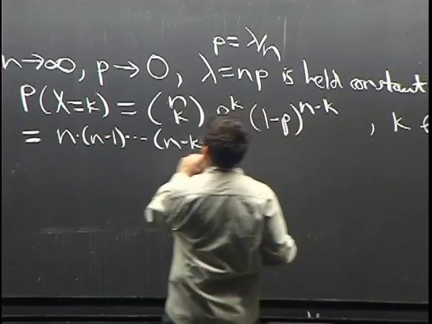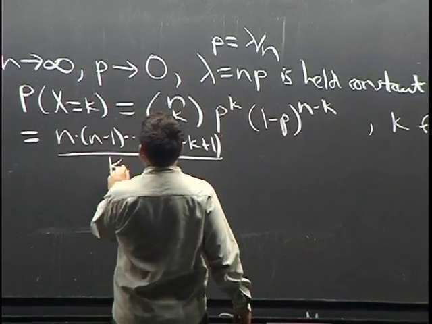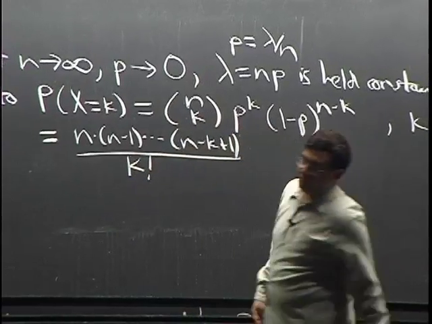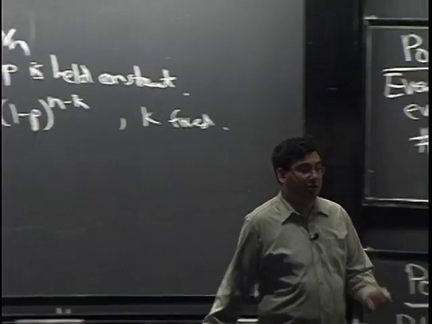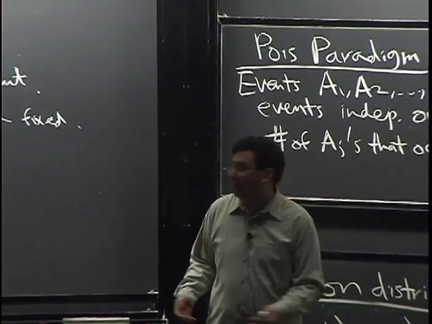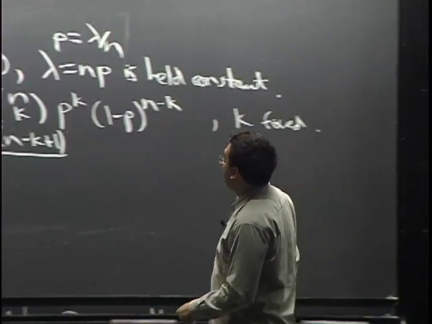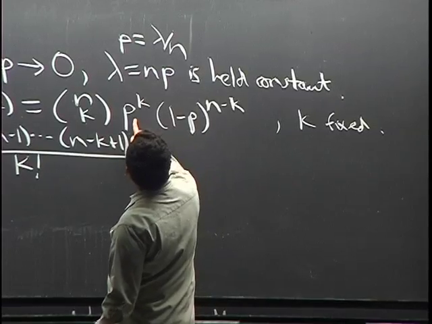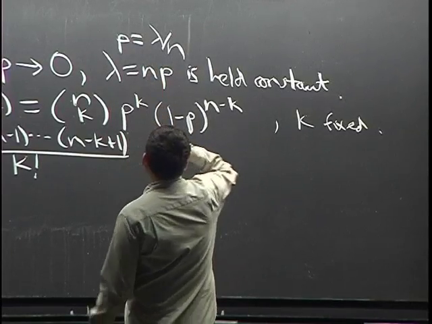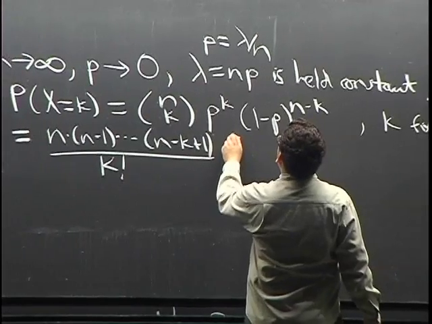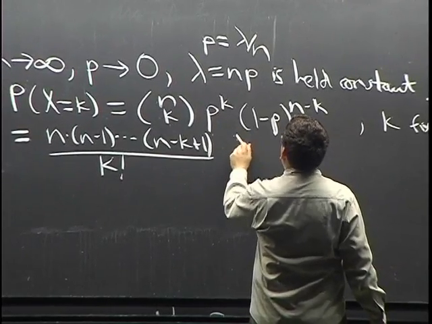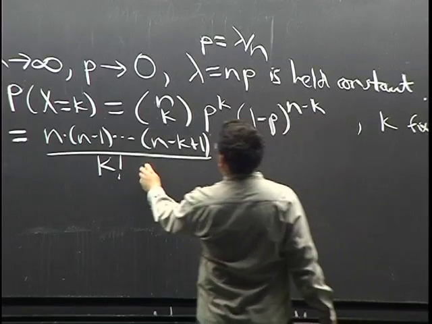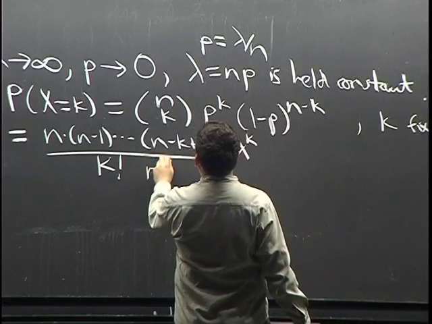Then we divide by k factorial to reflect the fact that order doesn't matter. So that's exactly the same thing as n choose k according to the story, or you can check that easily just using factorials. I'll plug in p equals lambda over n, so that's lambda to the k over n to the k. I'll just stick the n to the k over there.